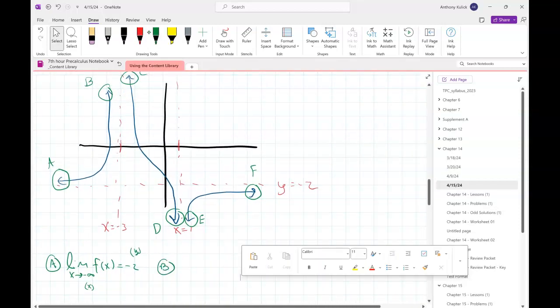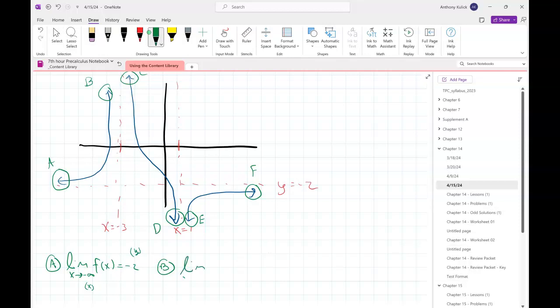Let's look at B. So I always start just by writing that part. Let's look at that arrow at B. What x value is that arrow pointing at?